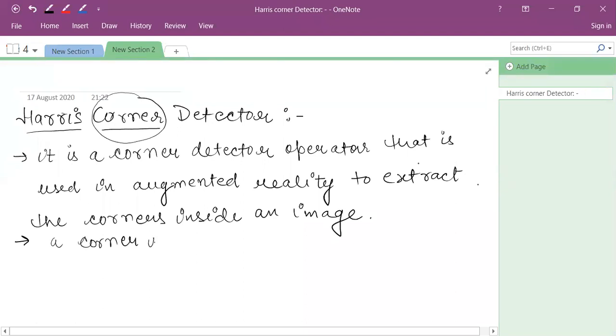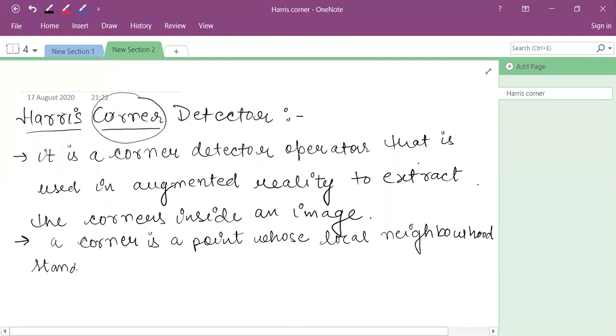So a corner is a point whose local neighborhood stands in two dominant and different edge directions.